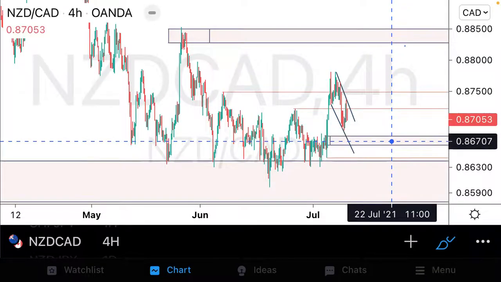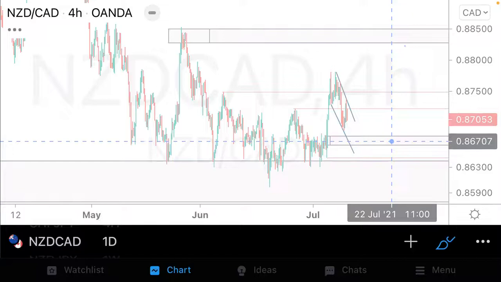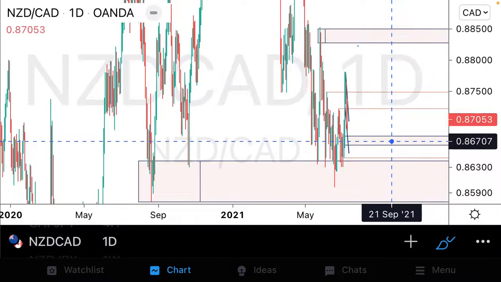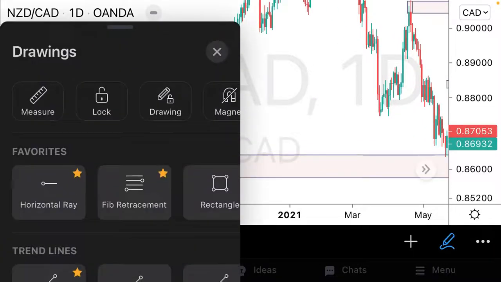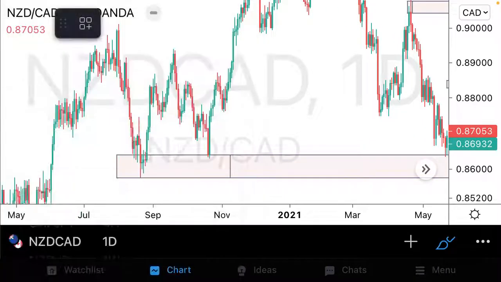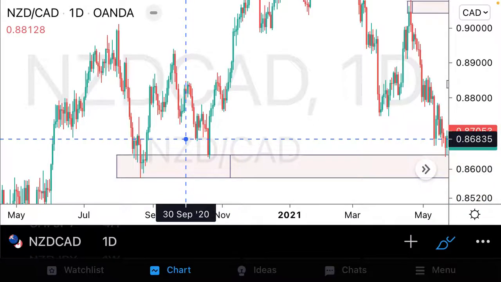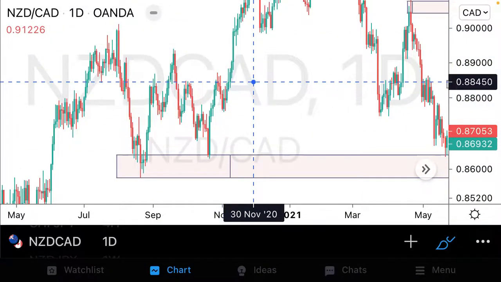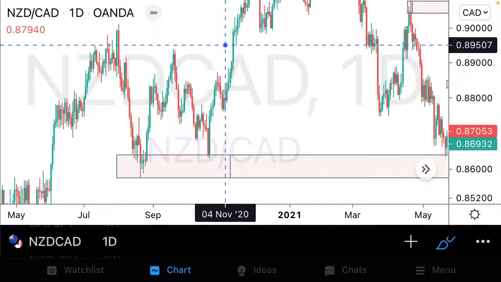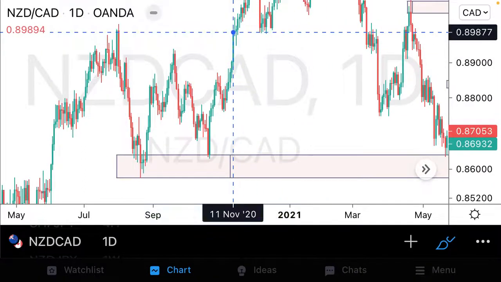Now guys, let's go on to NZDCAD. We'll hop up to the daily. Now, on the daily, guys, what we will notice is prices at important higher time frame support structures. Support structures where we saw prices react from once, react from twice, and then violate important higher time frame resistance areas.